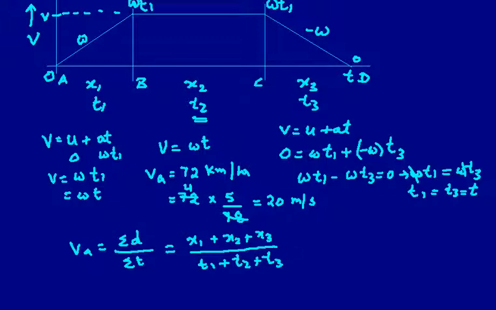Since we found that t1 equal to t3 is equal to t, let's replace this as x1 plus x2 plus x3 by 2t plus t2.